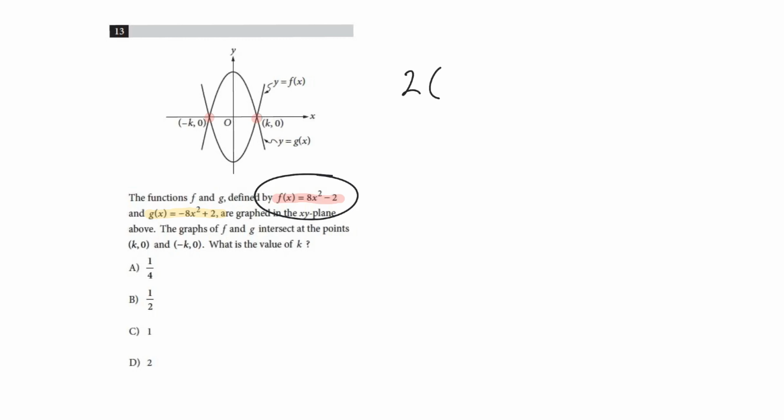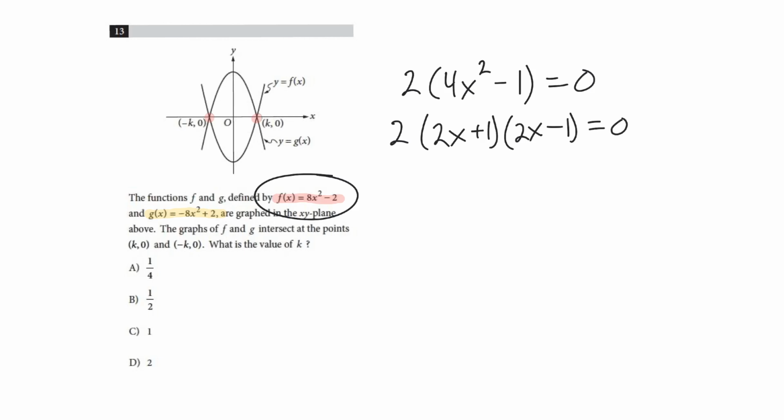So first thing I'm going to do is I'm going to factor, and I'm going to get 2 times 4x squared minus 1. Okay, and we want to know where that equals 0 to find the x-intercepts. I can see that that's a difference of squares. That's going to be 2 times 2x plus 1 times 2x minus 1 equals 0.